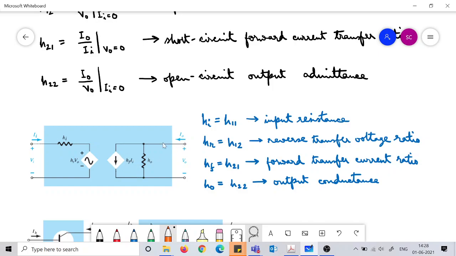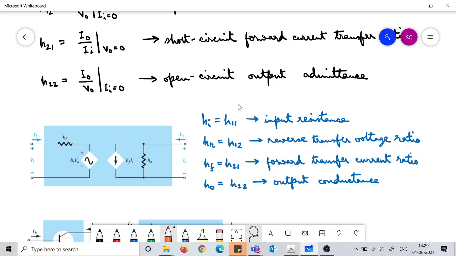I0 becomes hf Ii. So hf is nothing but h21. And the last one, h0: when Ii is 0, that means this branch gets open, then your I0 is h0 into V0, and h0 is then h22.